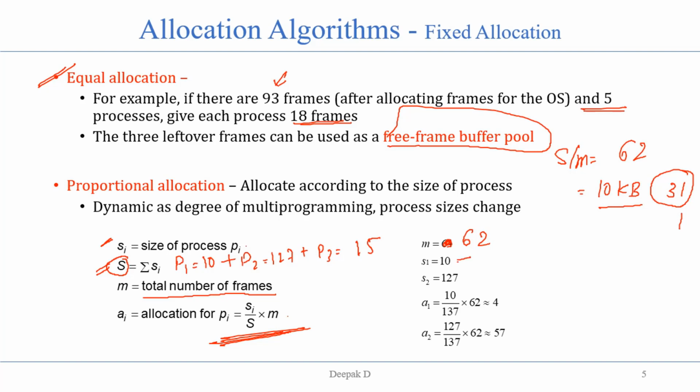S1 is 10, the frames required for process P1, and S2 is 127. So the total is 137. In order to identify the values, the formula will be 10 divided by 137 into 62. Approximately you will get 4, and for A2 the value is 57. In this way, both processes share the available frames according to their needs rather than equally.